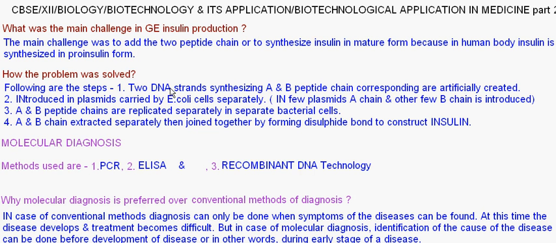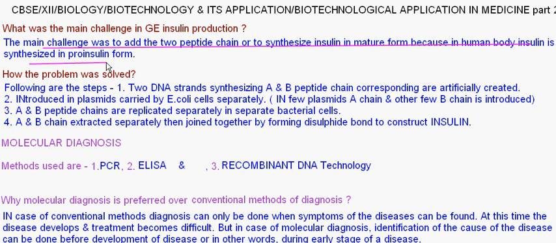The main challenge was to produce genetically engineered insulin in mature form. Till now we studied that the mature form contains only A and B chain linked together by disulfide bond, whereas it is produced in proinsulin form. So to produce or to add these two chains, A and B chain, was difficult.